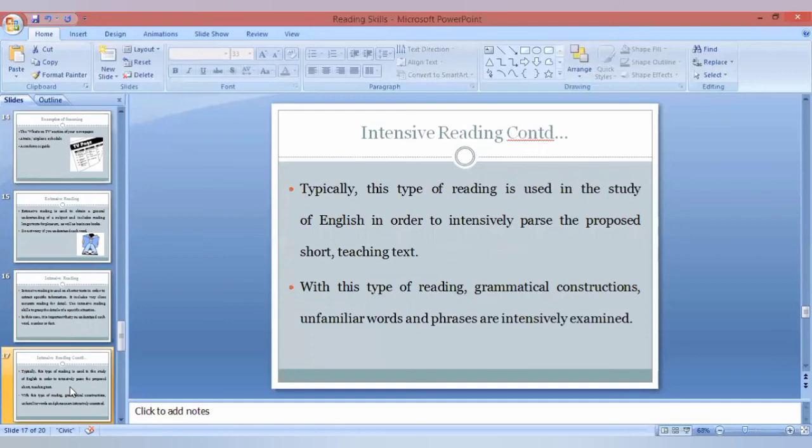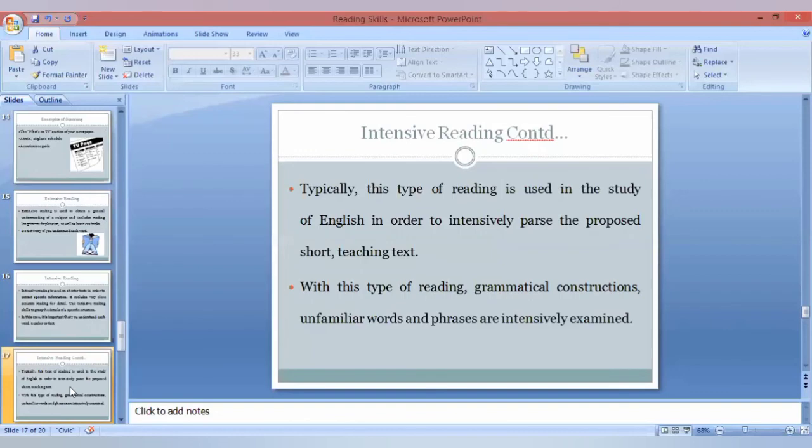So, for example, you want to understand different parts of speech in English. Suppose a paragraph is given to you, and you are asked to identify different parts of speech used in that paragraph.